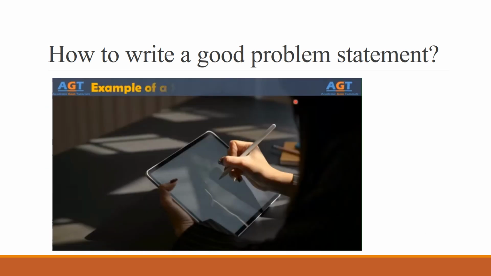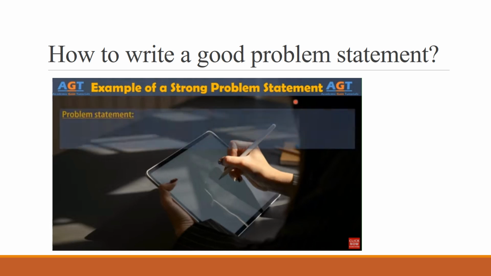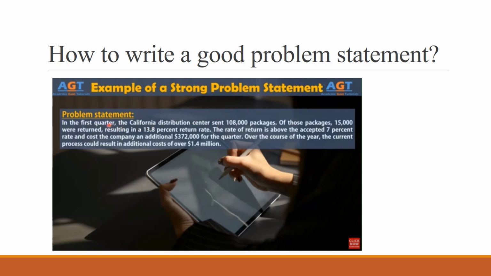In the last lecture, we learned the characteristics that will be considered while creating a problem statement. Now let's look into the example of a strong problem statement. The problem statement says, in the first quarter, the California Distribution Center sent 108,000 packages. Of those packages, 15,000 were returned, resulting in a 13.8% return rate.